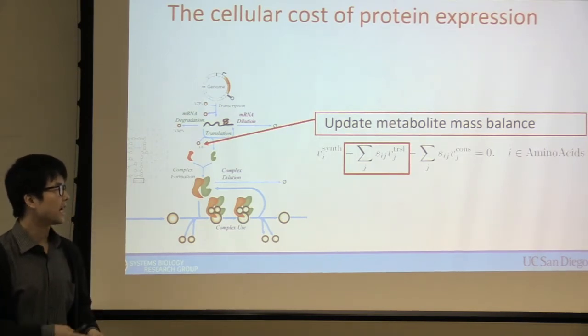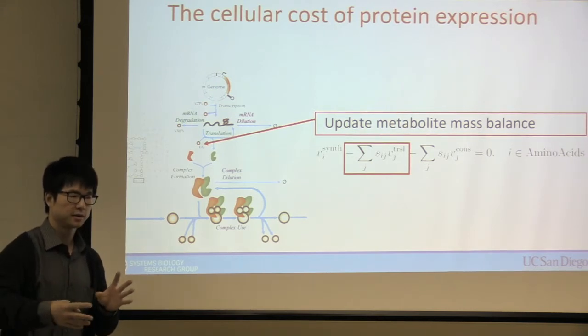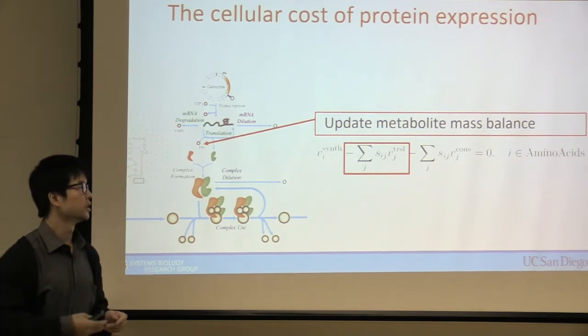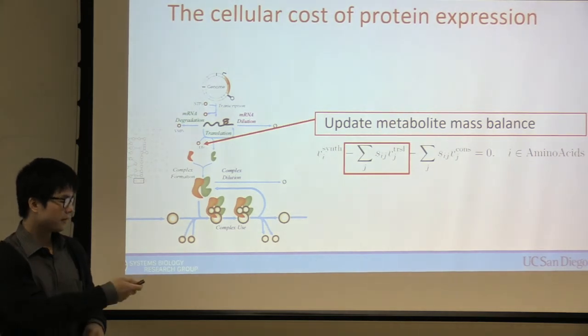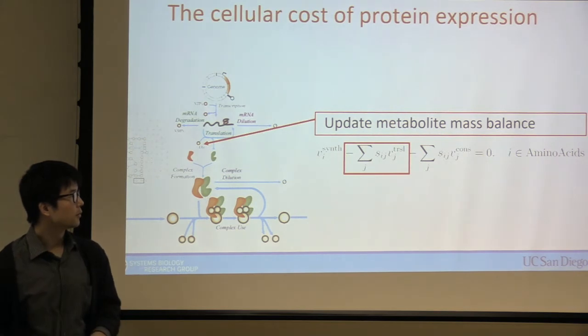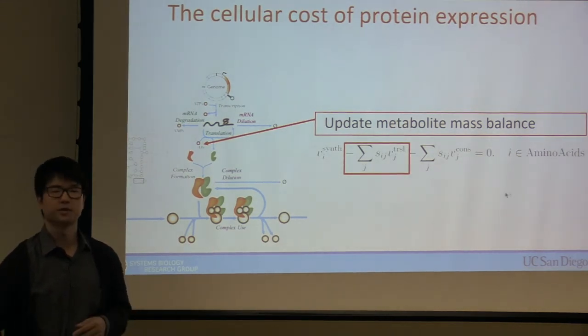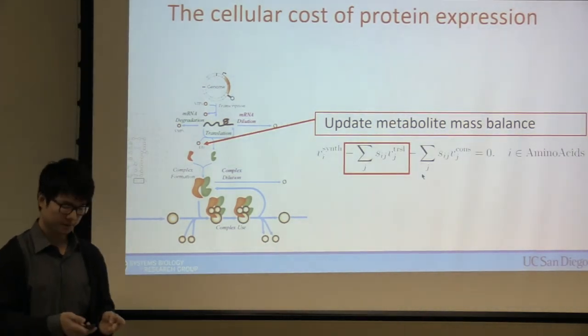So we can expand the mass balance, the row for each amino acid, by adding in a column, which is the translation flux, and simply say synthesis minus however many amino acids you need to make this particular protein, minus all the metabolic processes that consume this amino acid, and you'll have a mass balance on the amino acids.